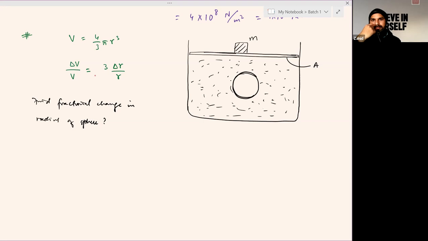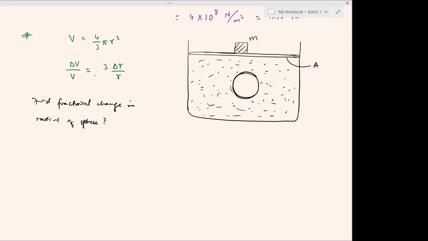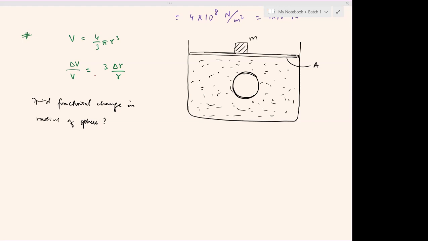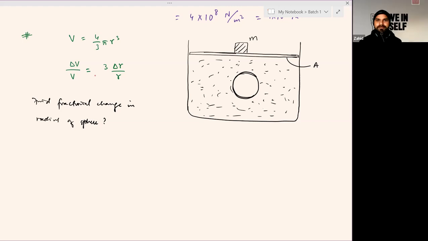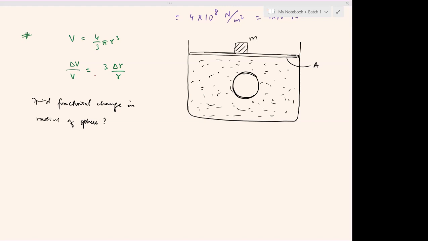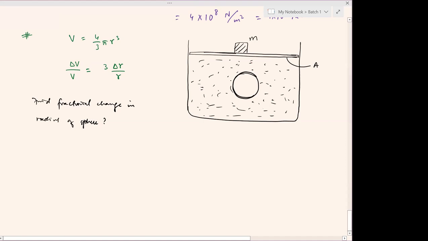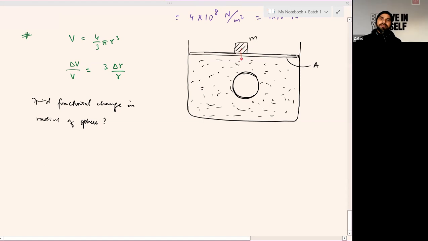The force. Force from where? From above, due to the block. This block is attracted by gravity in the downward direction, so there will be a force mg applied over this piston, which is spread over an area A.